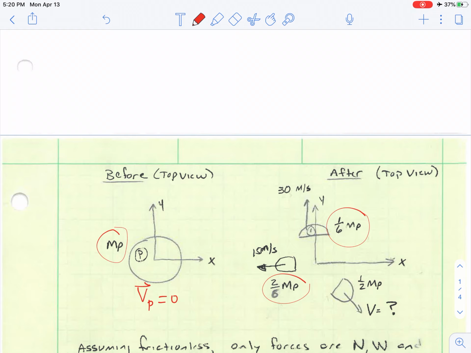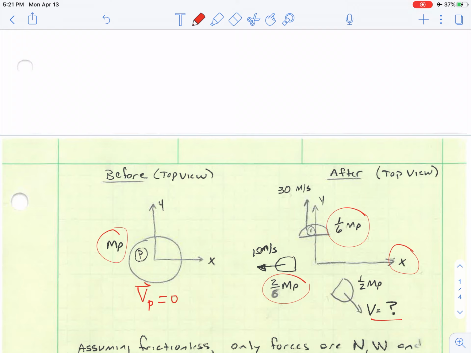That one's velocity is in the negative x direction, opposite to the positive x given here. And for the third one, we don't know the velocity, so we just put a question mark, but we can calculate the mass. You have 2/6 and 1/6 already. That makes 3/6, which means 1/2. So pieces 1 and 2 make up half of the original mass, and the third one is going to be the other half.